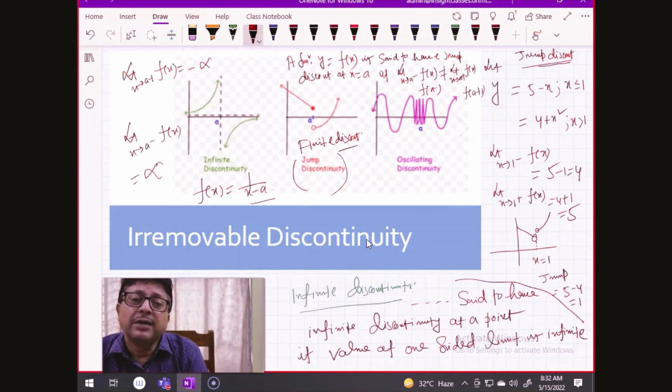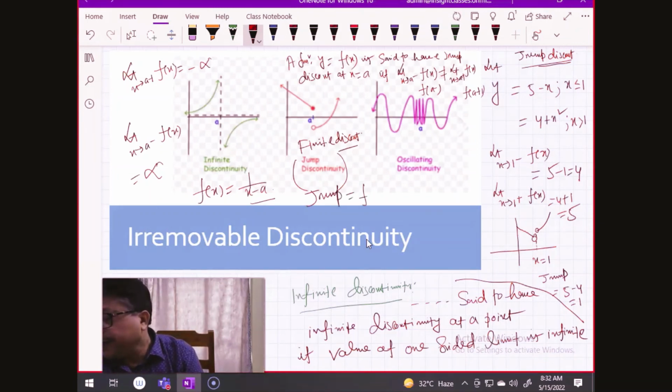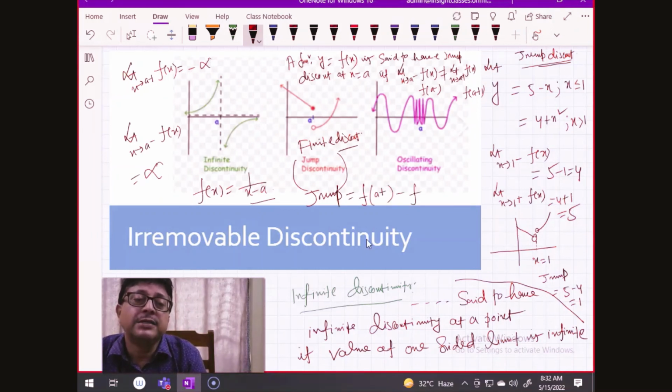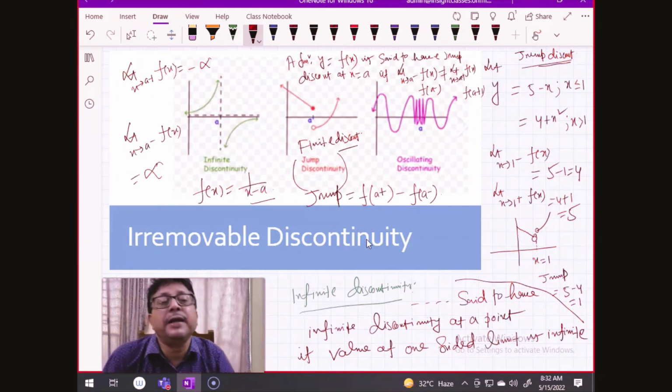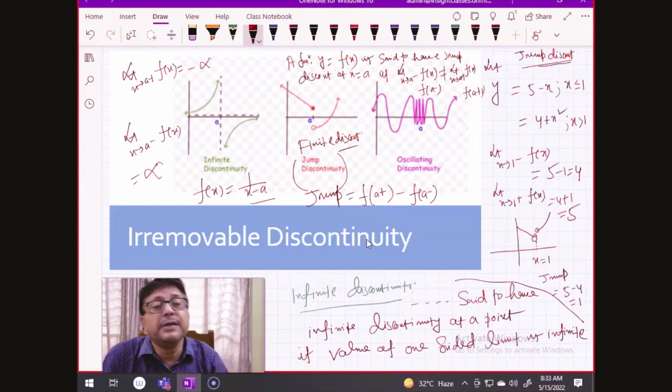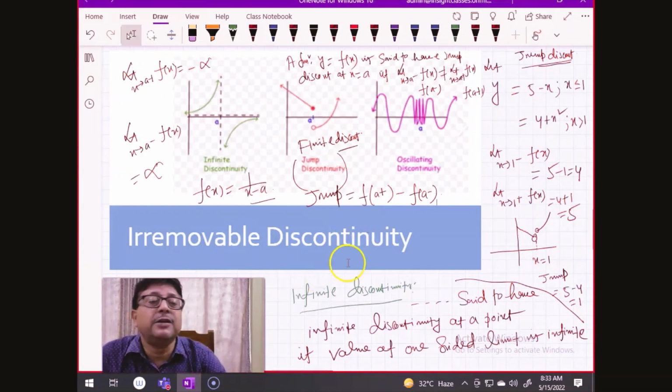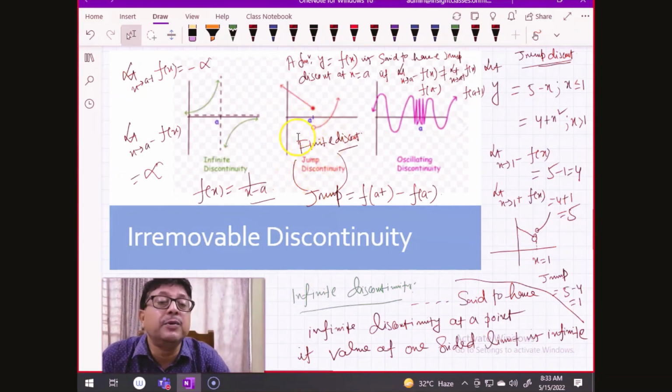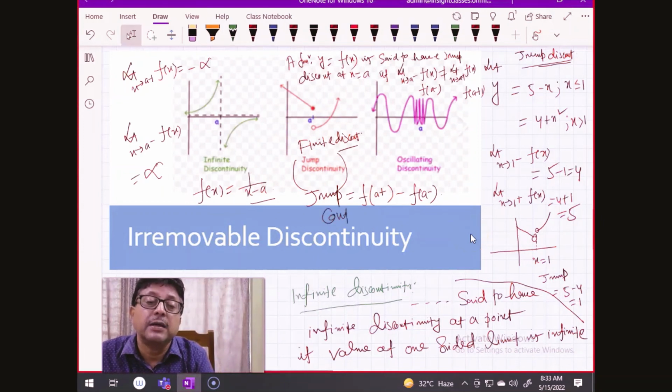You can state. And what is the value of jump? Jump is going to be a plus minus a minus. We define this. Very easy to calculate. Jump discontinuity you find in case of any function and you calculate. Here also you can never remove the discontinuity. Continuous extension of f(x) is not possible.